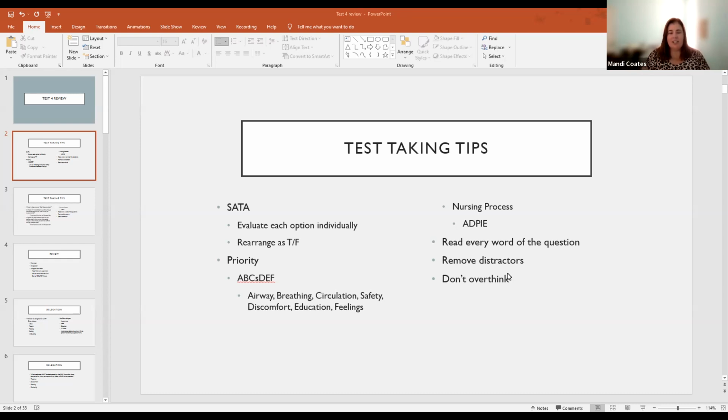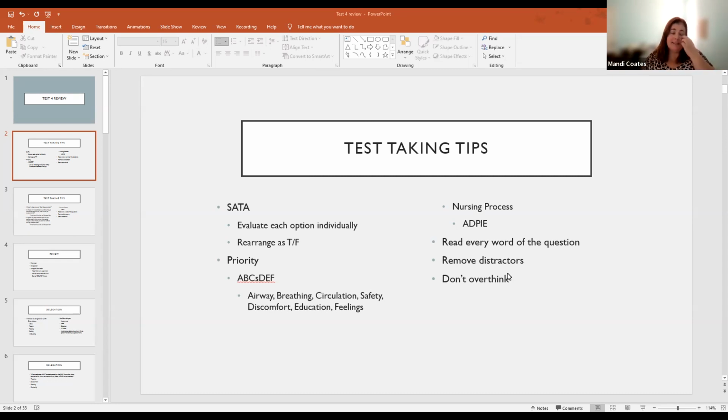As far as education and pain, we want to get them medicated for pain or discomfort before we start in on any education. And remember, safety comes before pain. So we want to make sure that safety comes in before you're trying to medicate them for pain. You want to get them in a safe environment, and that also includes preventing infection.